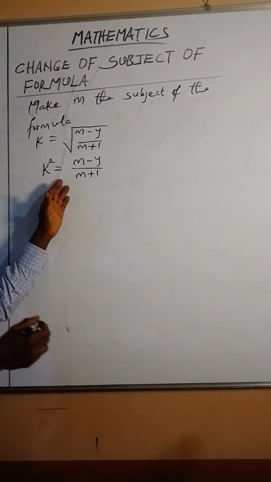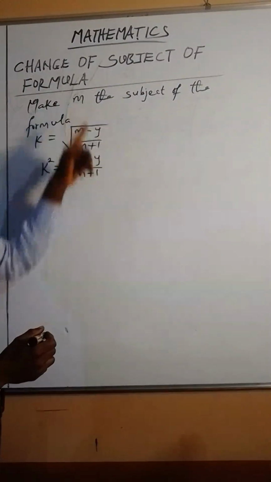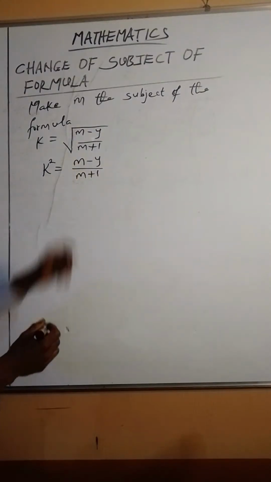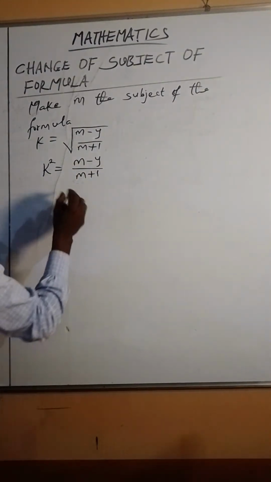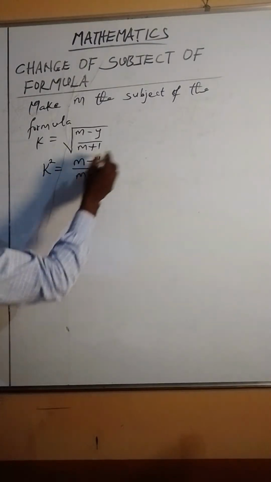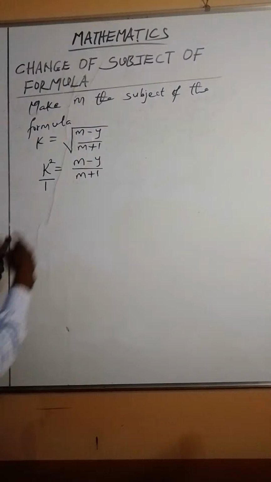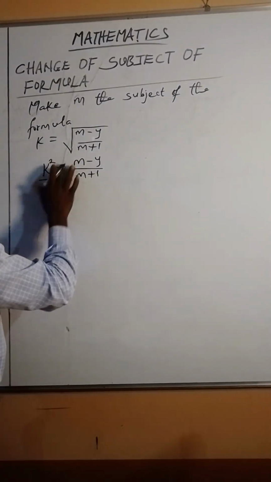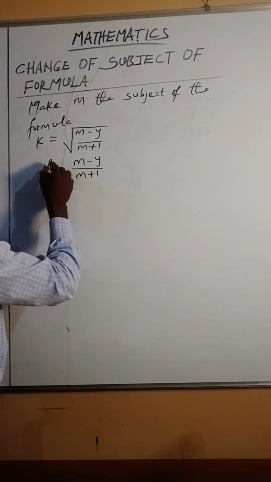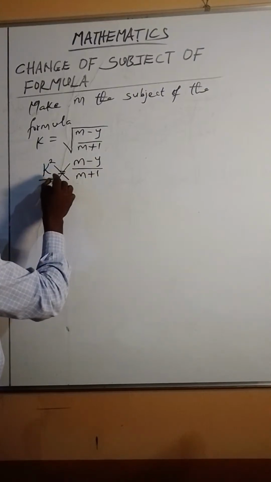Remember, our aim is to make m the subject of formula. So we are going to cross multiply. We make this over 1, then we cross this way and cross this.